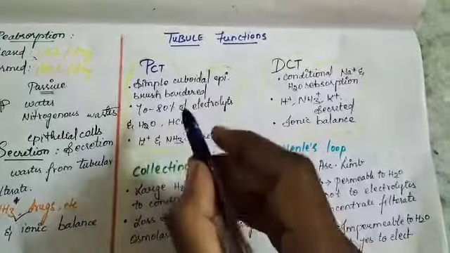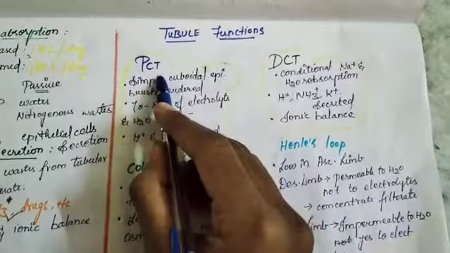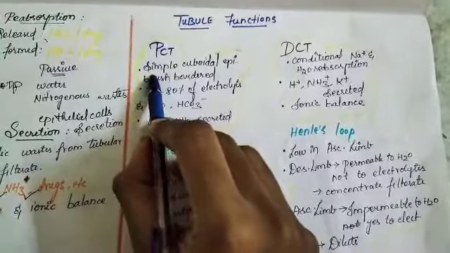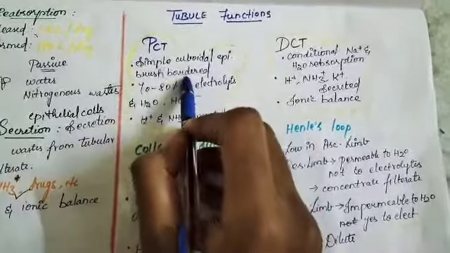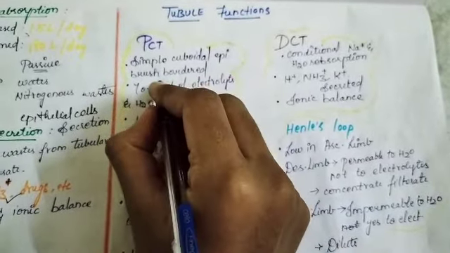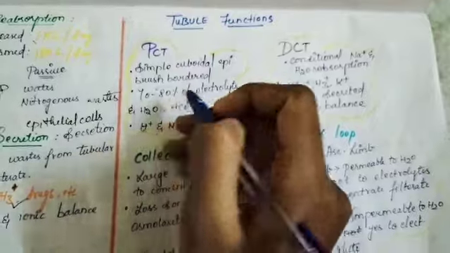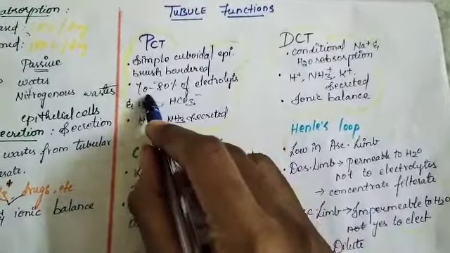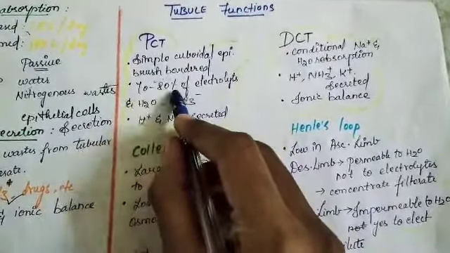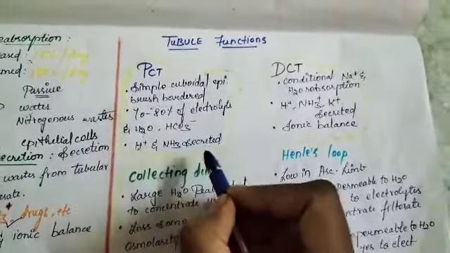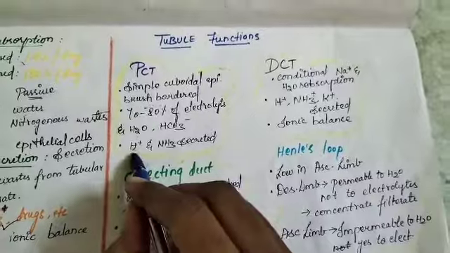First we will start with the proximal convoluted tubule. It is made up of simple cuboidal epithelium with a brush border. Brush border cells increase the surface area for absorption. So 70 to 80% of electrolytes, water and bicarbonate ions are absorbed here, and in turn they give up hydrogen ions and ammonia.